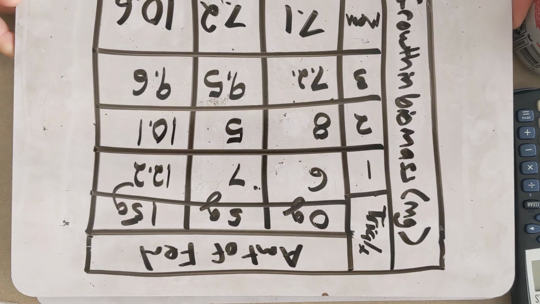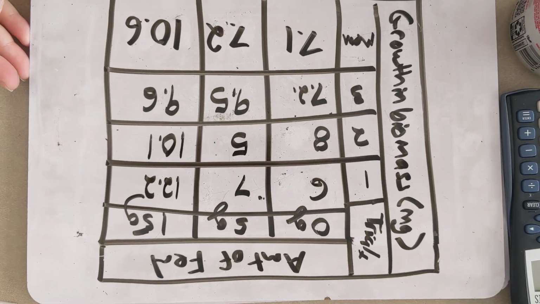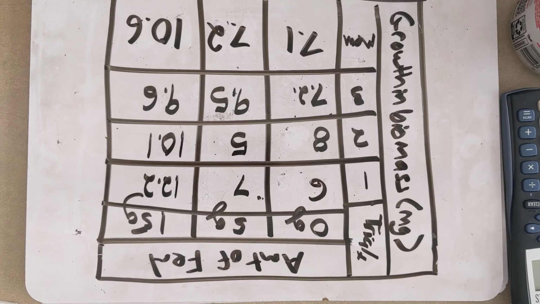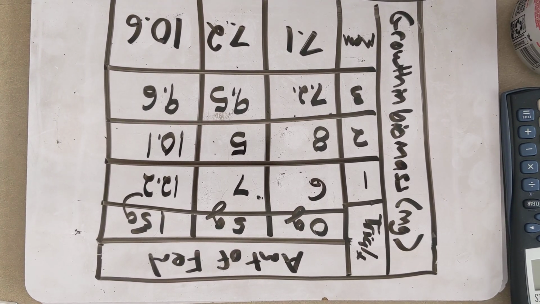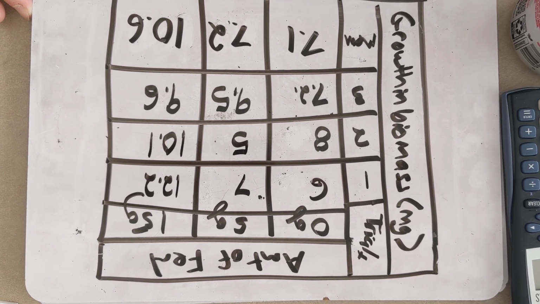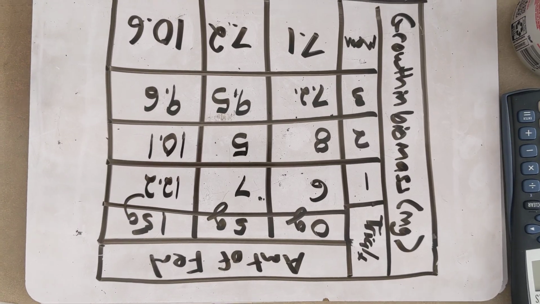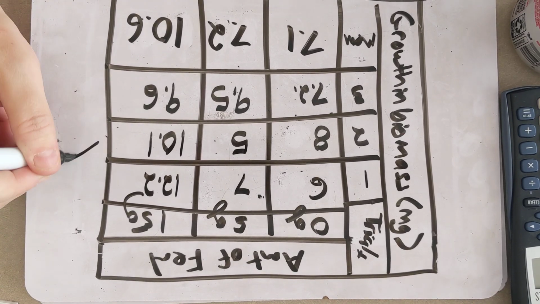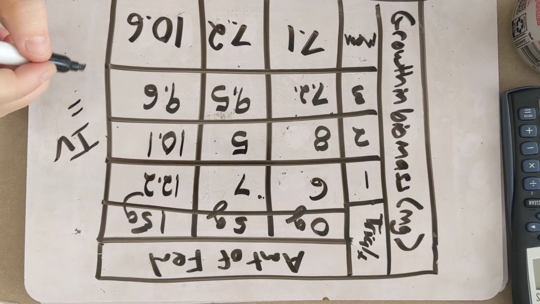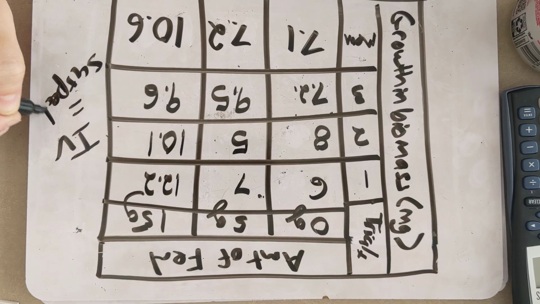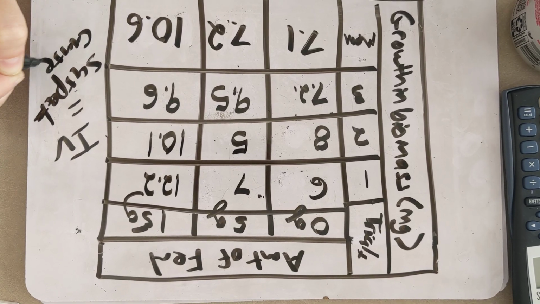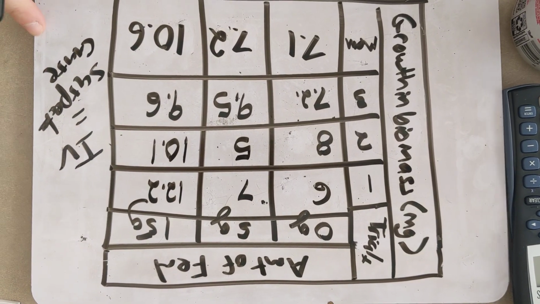So as a reminder, this is my data set. You want to determine what is the IV and what is the DV. As a reminder, the IV is the thing that you think is the cause. It's what you are changing up to test.